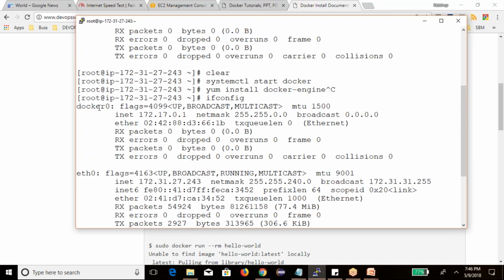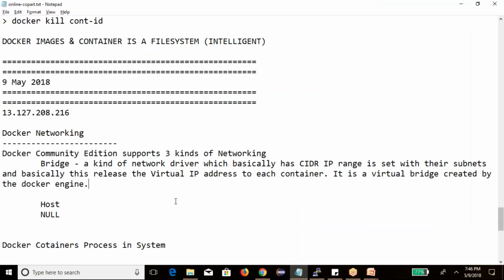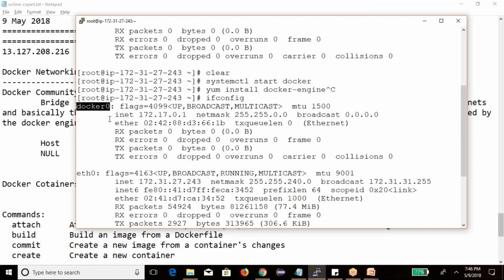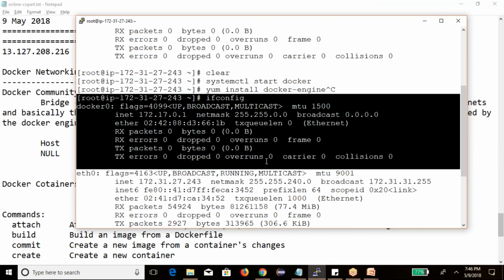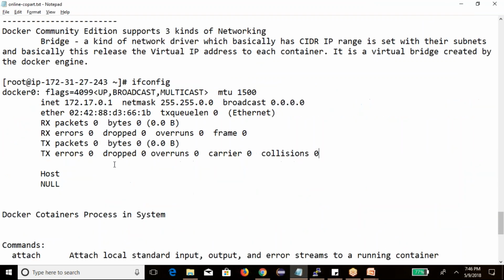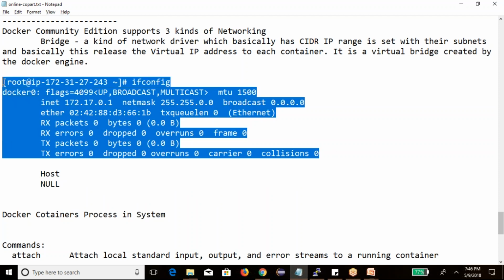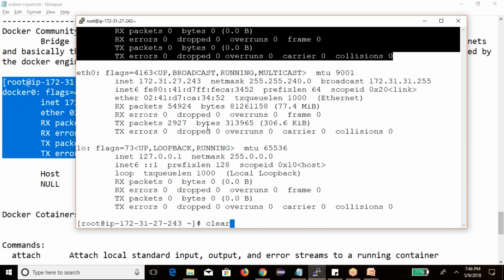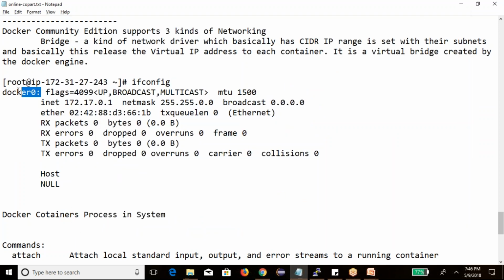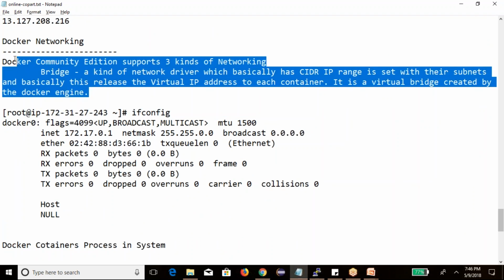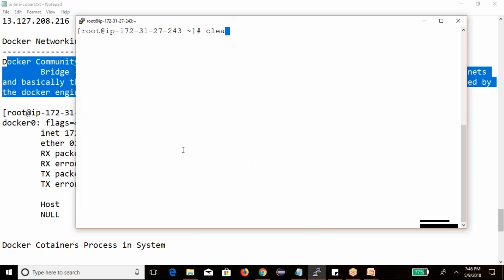The bridge which got created is docker0. So docker0 is the default one which you get. When you start the Docker engine services, it creates the one default docker0 bridge, which manages the bridge. Using this they will release the IP address to all the containers and make it possible.